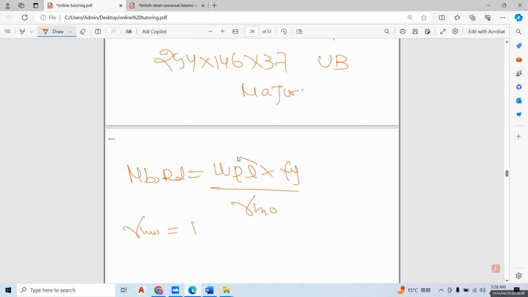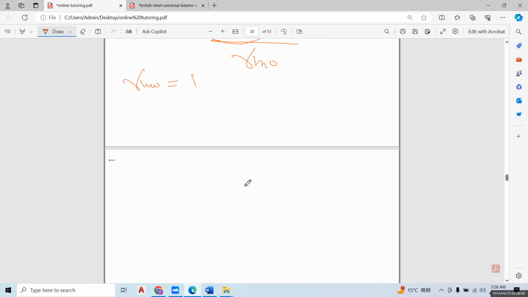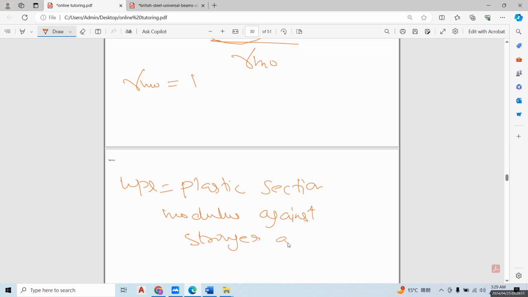Now the question is what is WPLY? WPLY is the plastic section modulus against the stronger axis, because in the question he is asking for the stronger axis.